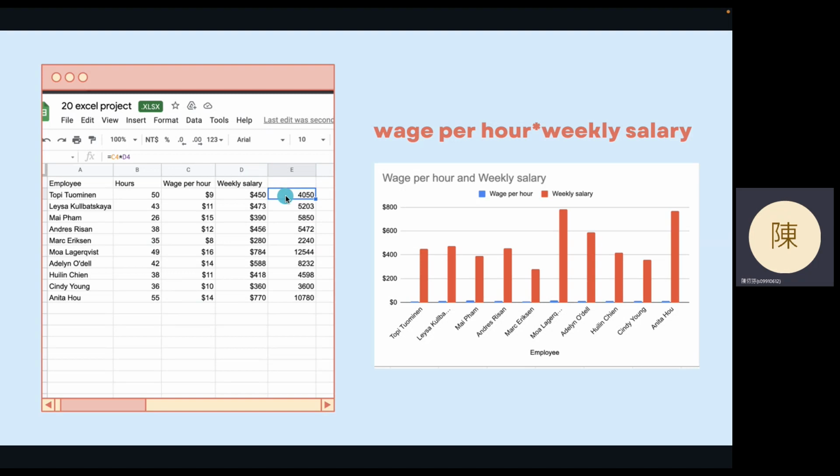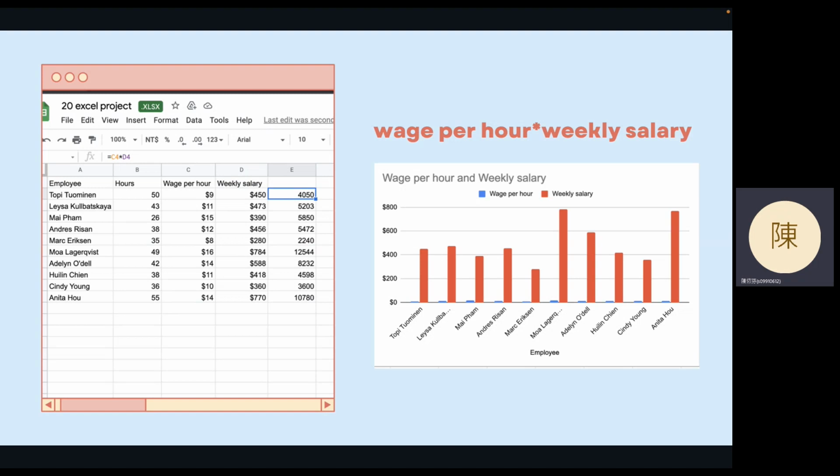All we need to do is multiply the wage per hour with the weekly salary, which, as we can see here, is just equals C4 times D4, where C4 is the wage per hour and D4 is the weekly salary. And we can copy it to all the employees. With Excel's copy command, you can easily compute the weekly salary for every employee.